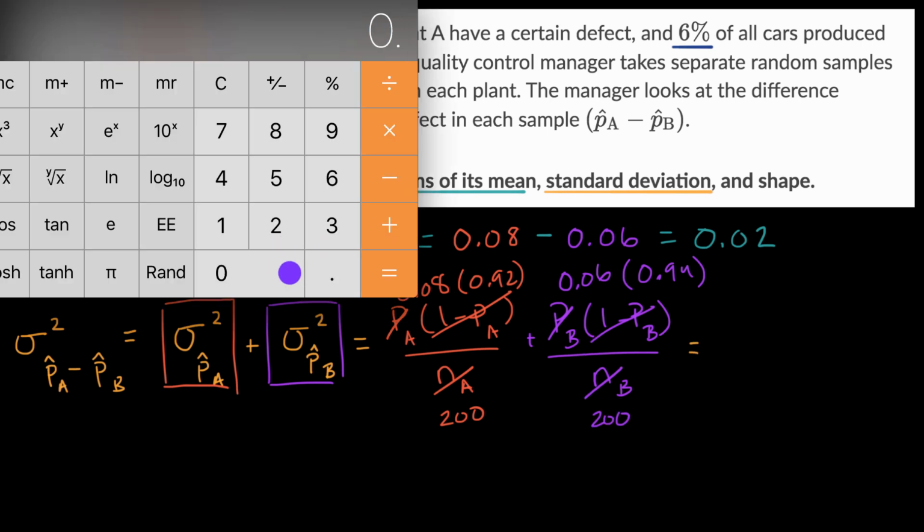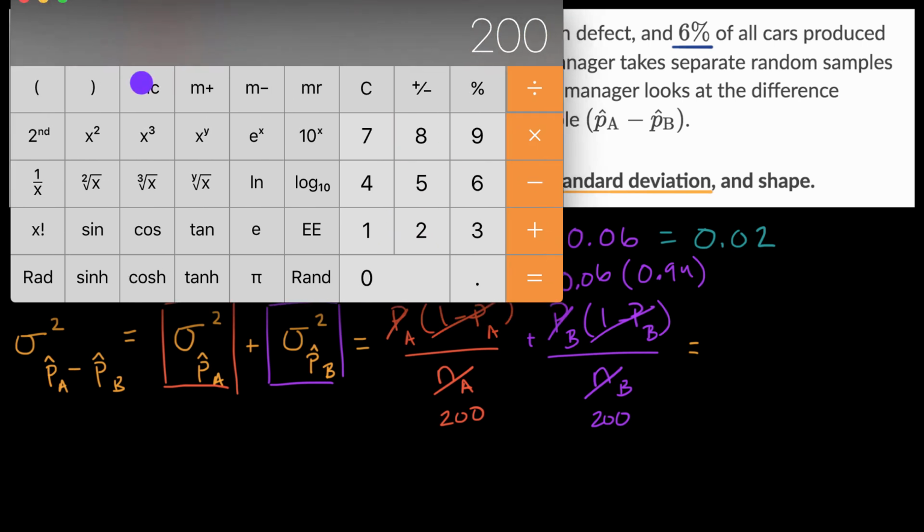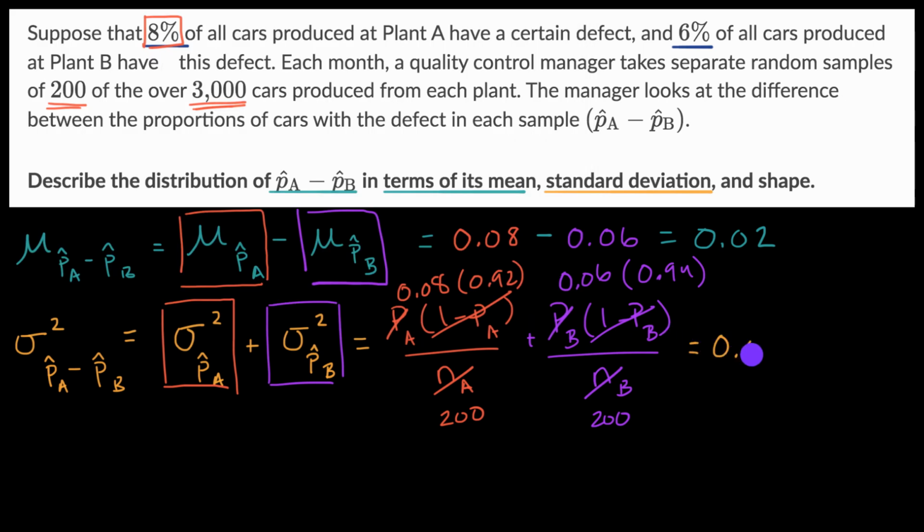We get 0.08 times 0.92 divided by 200, and then plus, let's open parentheses here, we get 0.06 times 0.94 divided by 200, and then actually let me close the parentheses, and that equals this business, 0.00065.